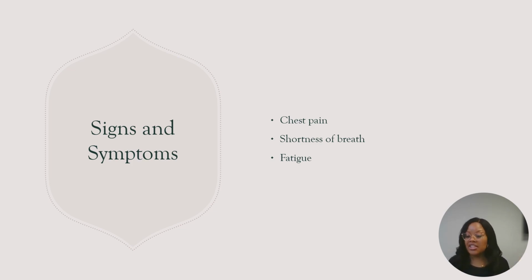So just like the chest pain, the heart is not getting enough oxygen. So guess what? That's why the chest is hurting. Shortness of breath. Your lungs are not getting enough oxygen-rich blood. So guess what? Now you're short of breath. So your patient may also be very fatigued as well. So those are some signs and symptoms that you just want to pay attention to in your patient.